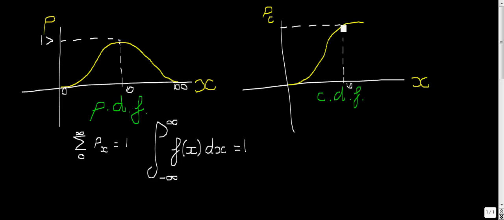Well, this value for x, which is 10, is found by doing the sum between 0 and 10 of all probabilities of x.